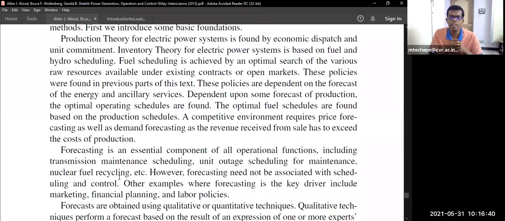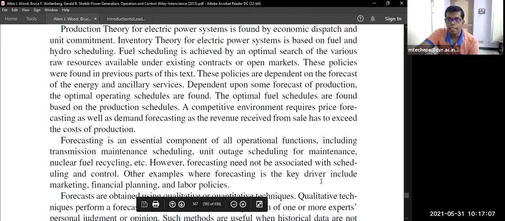So 20 hours in a day means like 4 hours daily we can get. If you forecast properly, in those 4 hours you can go for maintenance of the particular unit itself. Unit 1 you can go for maintenance, or otherwise unit 2, like that. This also might happen due to the forecast.